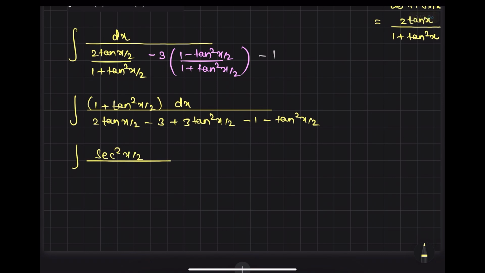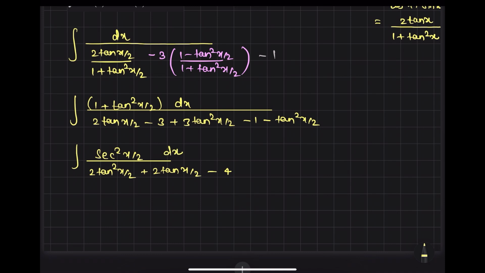Now write down the denominator in standard form. So we have 3 tan square x by 2 minus tan square x by 2, so it is 2 tan square x by 2, and plus 2 tan x by 2, and then we have minus 4. Okay.